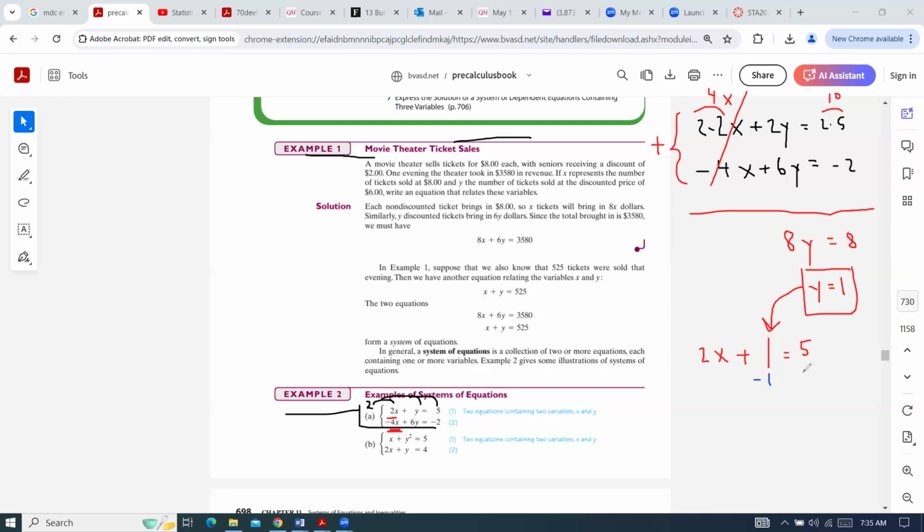We subtract 1 on both sides, right? So we have 2x on one side, and it goes to 4 on the other side. And that means that x is what? 2, right? 2 times 2 is 4. So we found that x is 2 and y is 1.